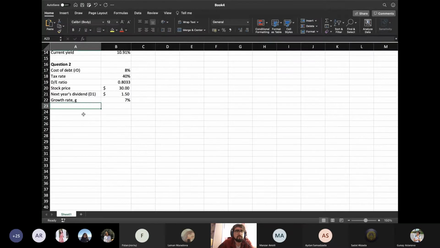What's the value of the company? In order to value the company, we have to first find the weighted average cost of capital.